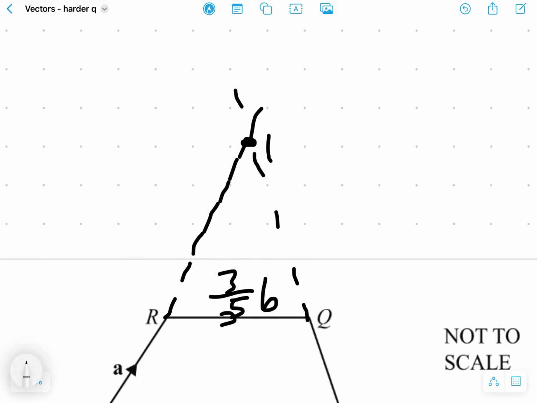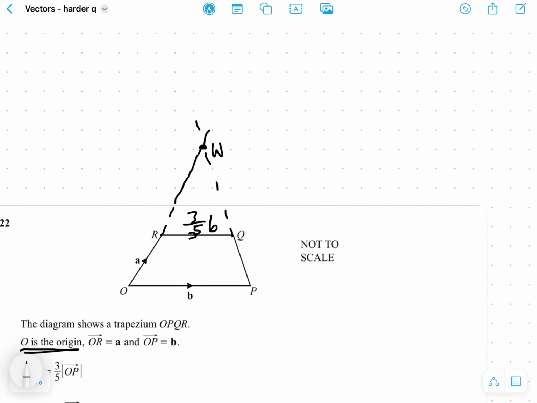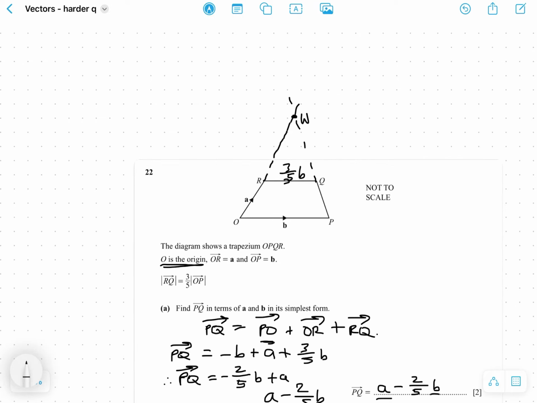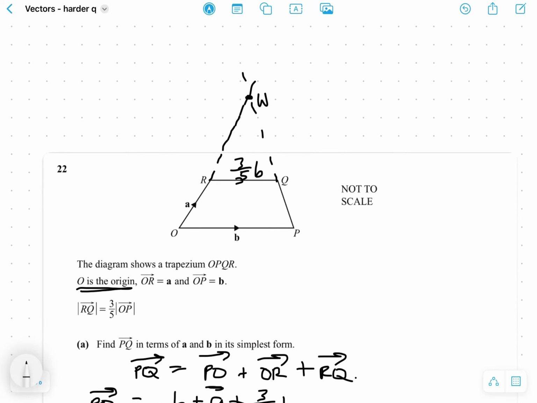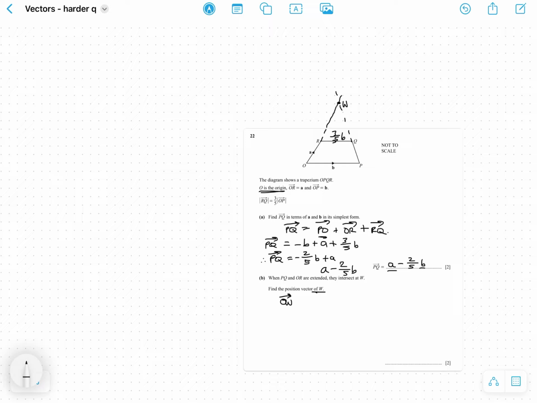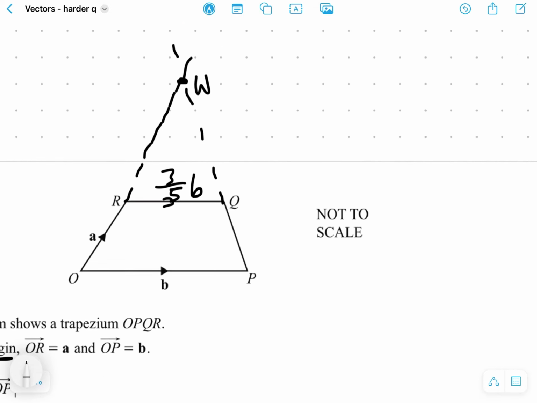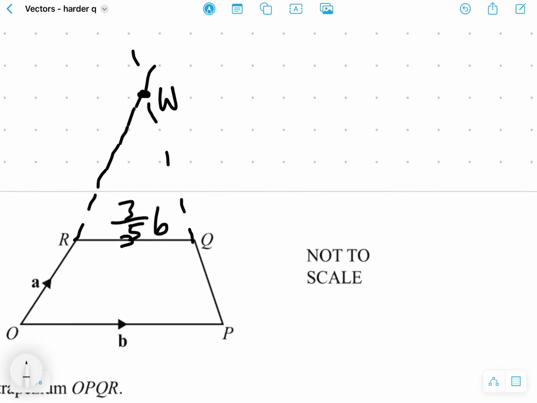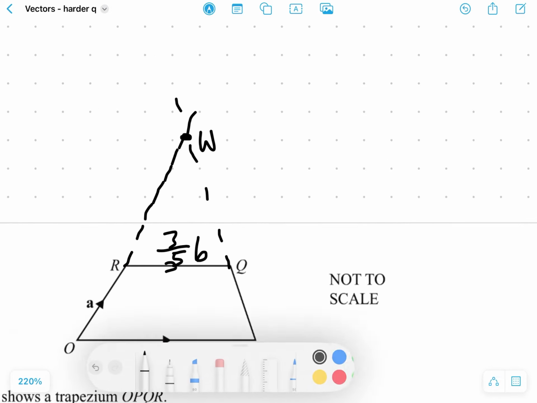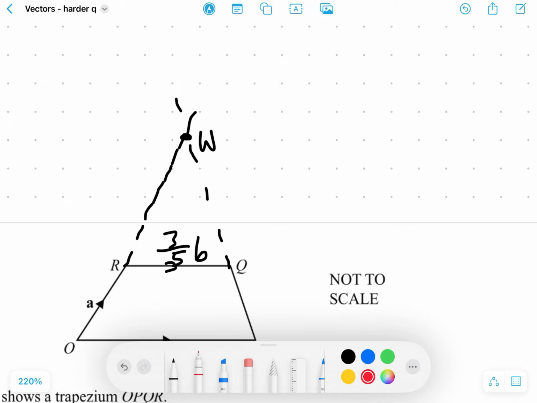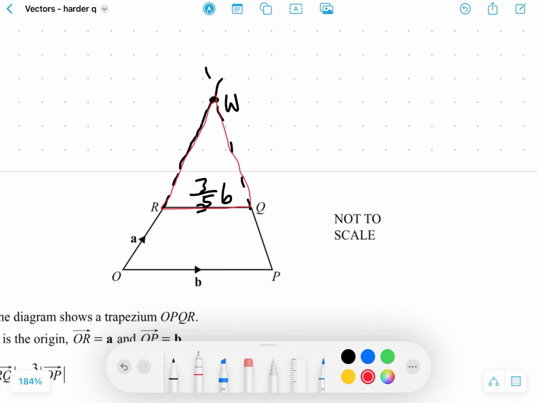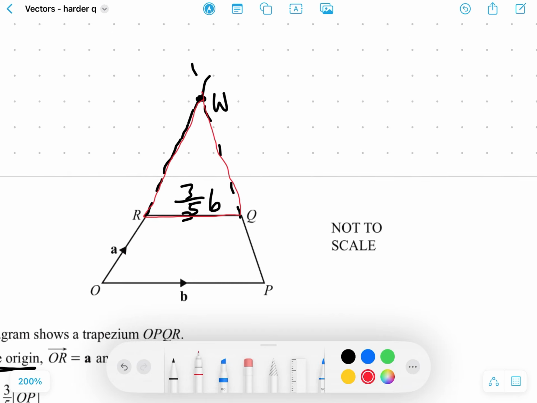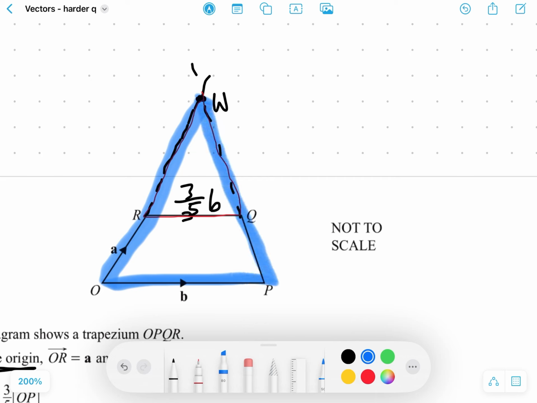And this would be the point W. So now, the way to solve this is to identify similar triangles. So if we treat these as a triangle, we see that WRQ is similar to the triangle WOP.